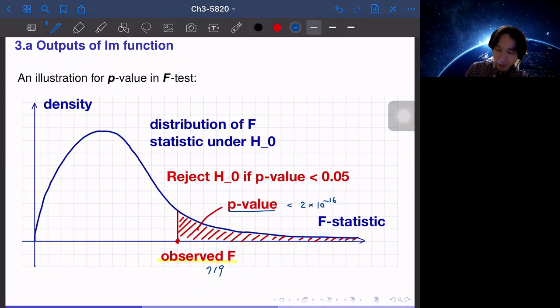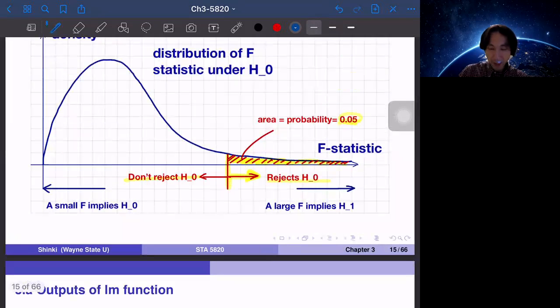If this p-value is less than 0.05, then we reject the null hypothesis if the significance level is set at 0.05. So the scheme is the same on the previous page and this page. Just the way of reporting the result is different. Usually R reports the p-value, so if the p-value is less than some threshold, we reject.